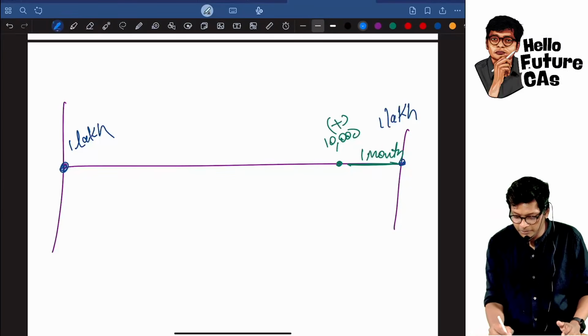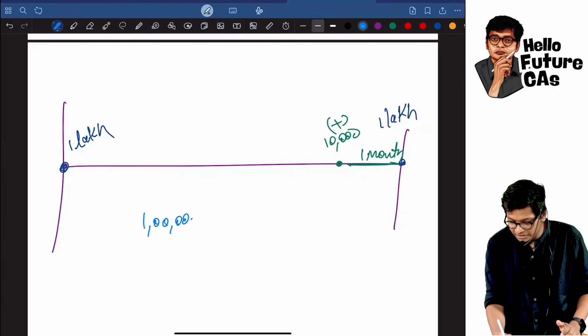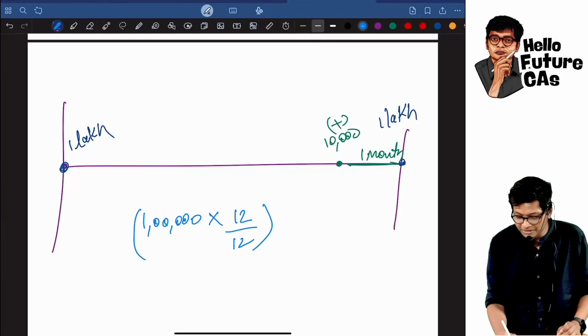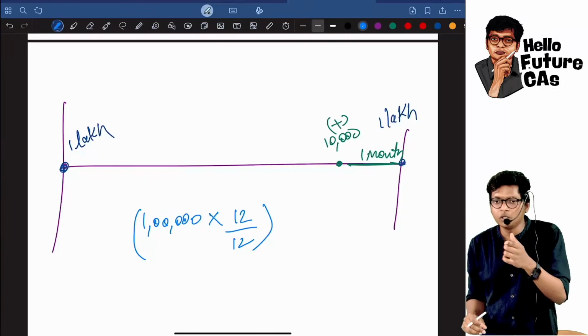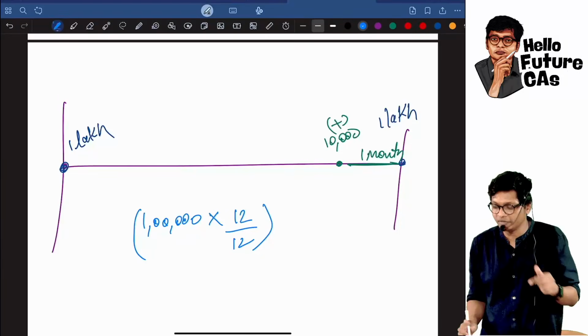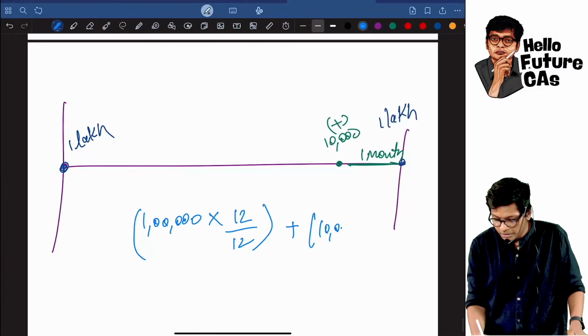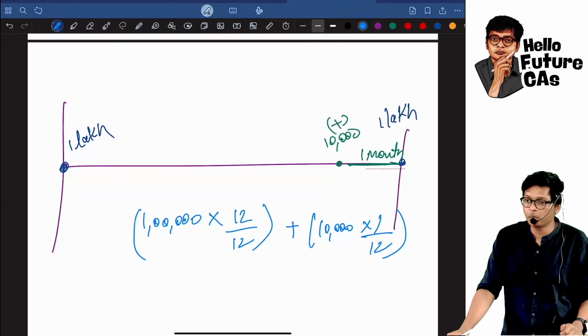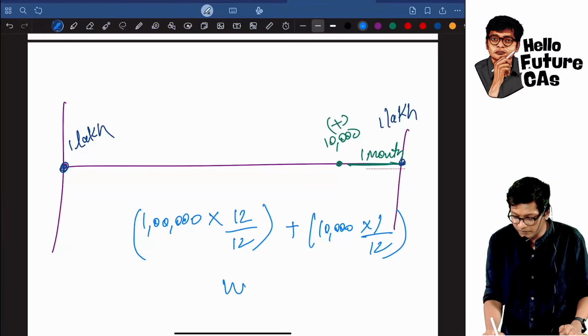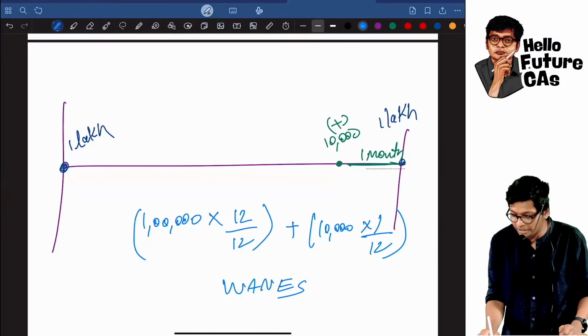The 1 lakh shares were outstanding for the whole 12 months. They will say, hey, I am there for the full 12 months, I alone deserve the profit. The fellow who came for 10,000 shares is outstanding only for 1 month. So I will take only 1 by 12, and this is called the weighted average number of equity shares.